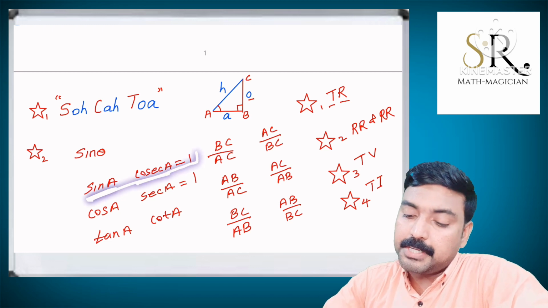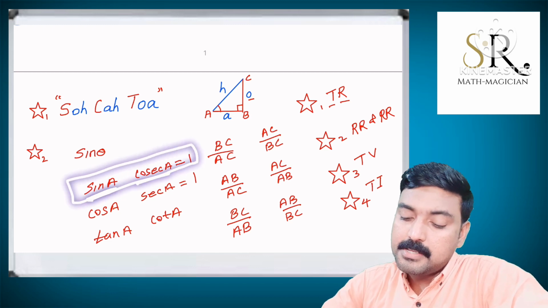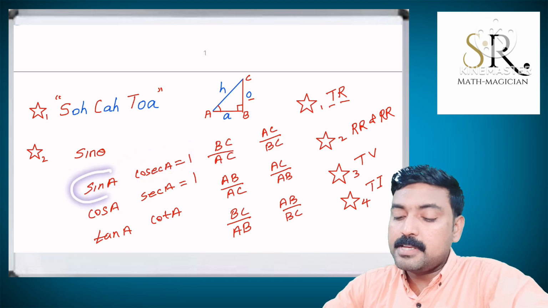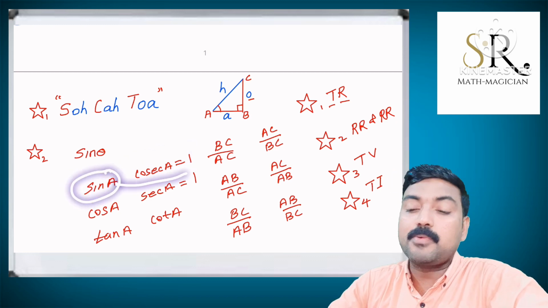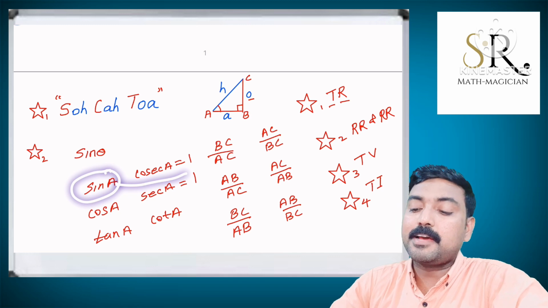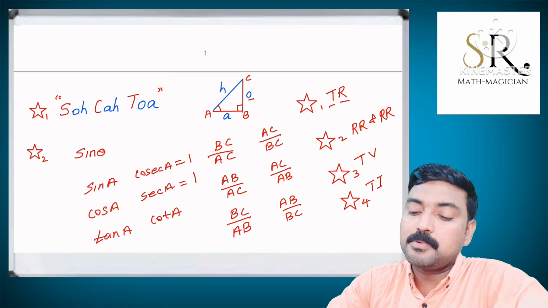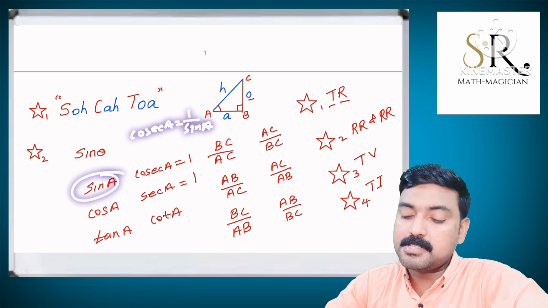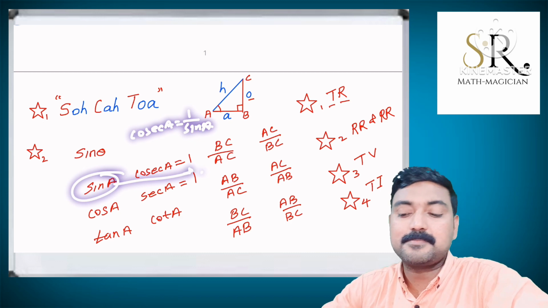So there is a relation between sine and cosec. This is an equation, in which sine is multiplying with the cosec. This sin A, if we transpose to that side, what will be the answer? We will get cosec A is equal to 1 by sin A. This sine is going to the right side.